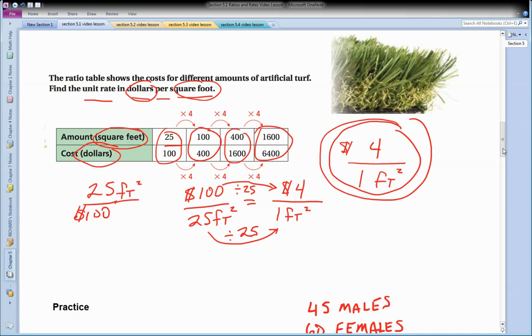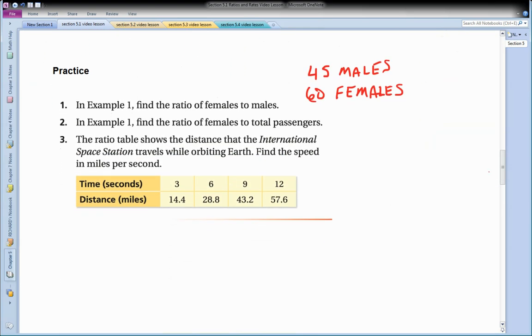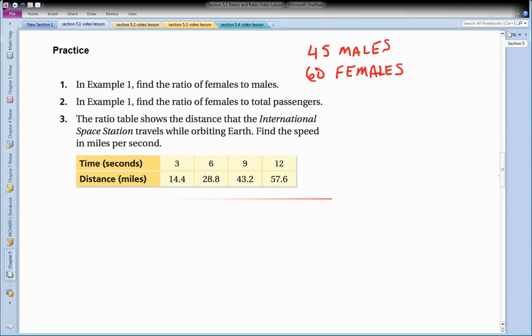All right. So let's look at some practice. So in example 1, find the ratio of females to males. So I wrote down how many males and females there were from example 1. So we want to look at what is the ratio of females to males. All right. So what do we need to do to set this up?